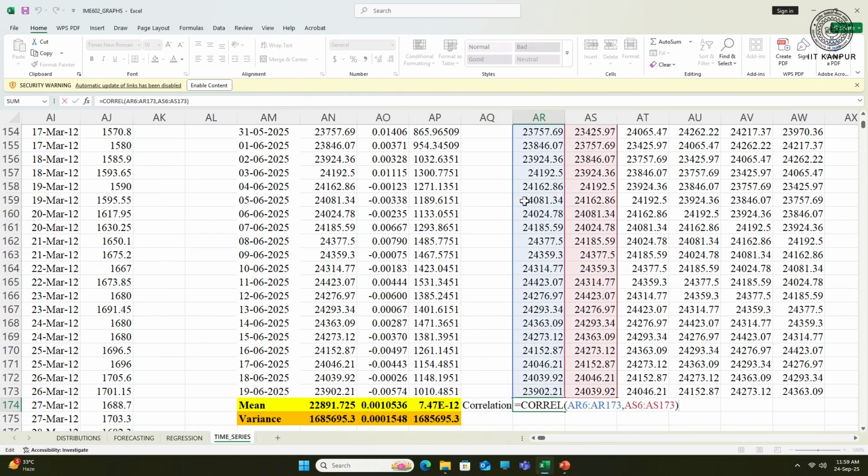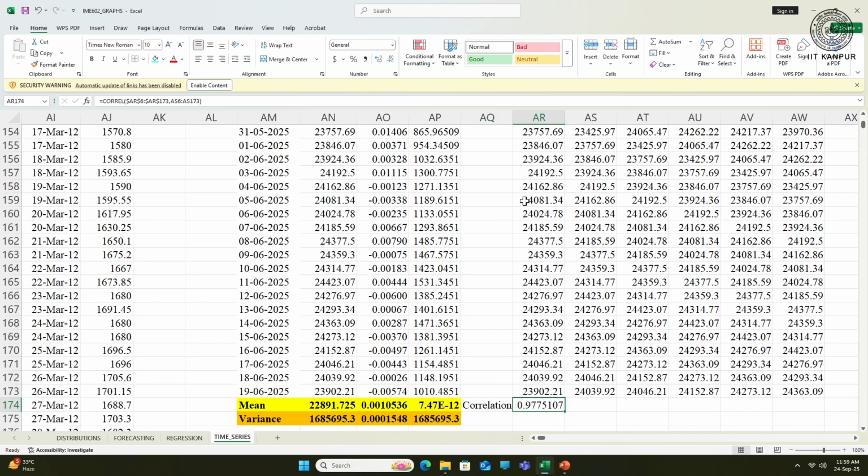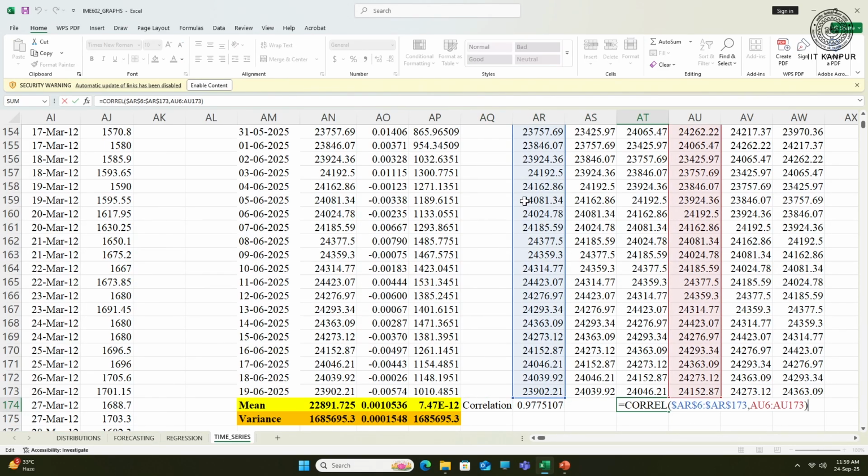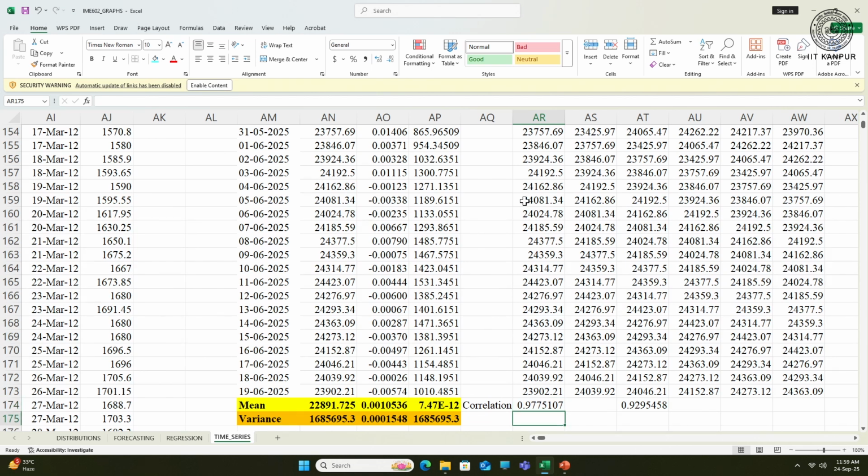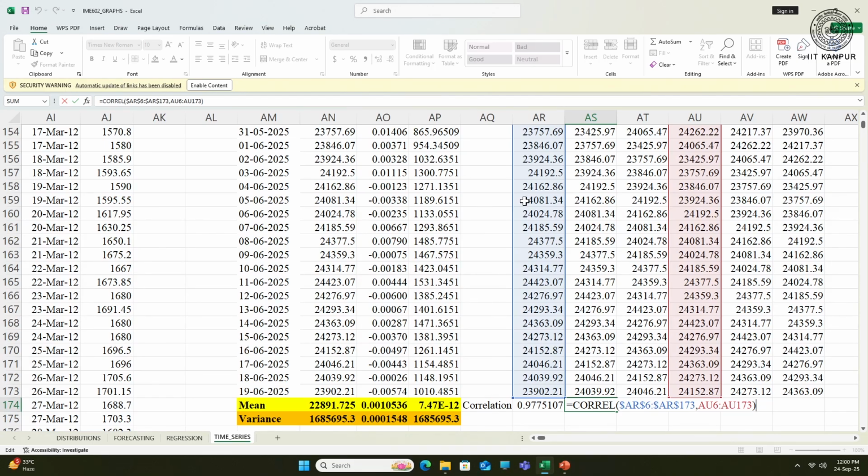I do it for the first one, which will be kept fixed, the actual time series. I copy it for the first and the second, and I will get the correlation values. This is for the first and the third.